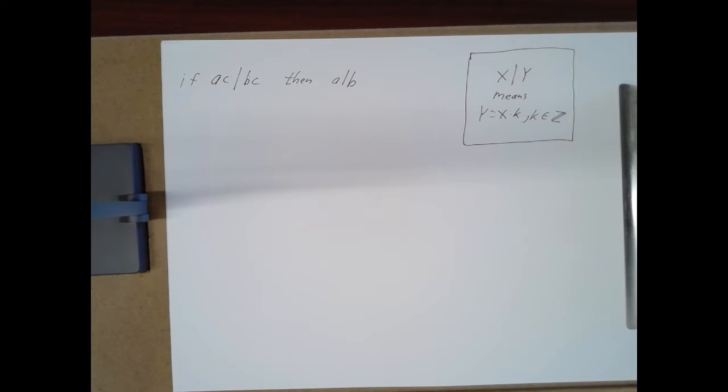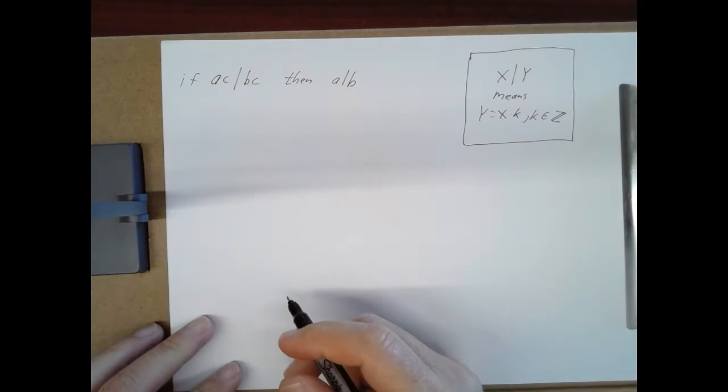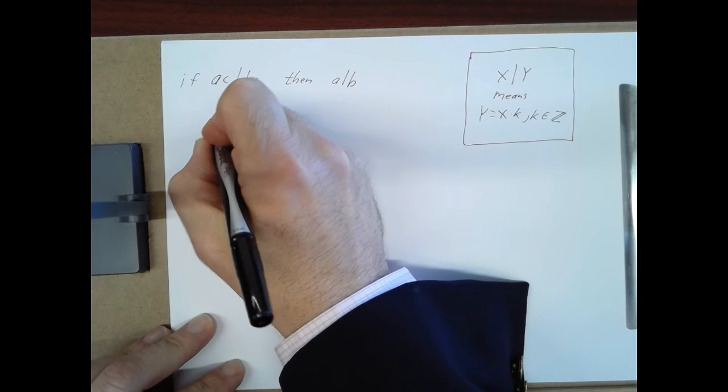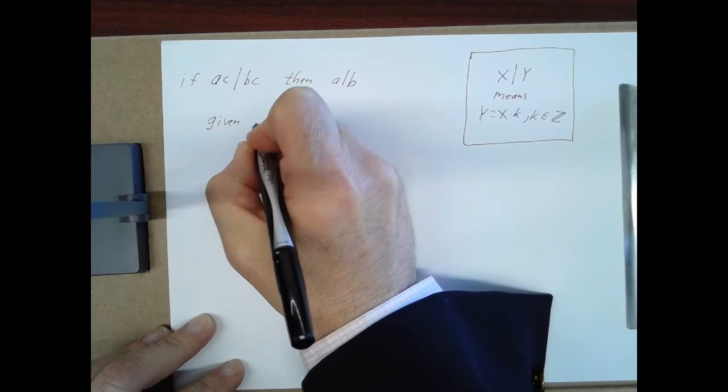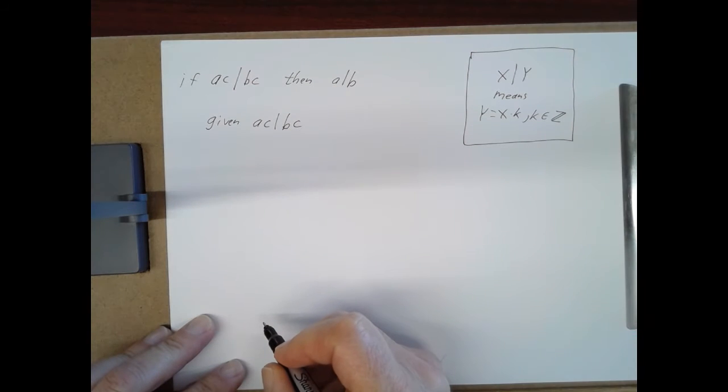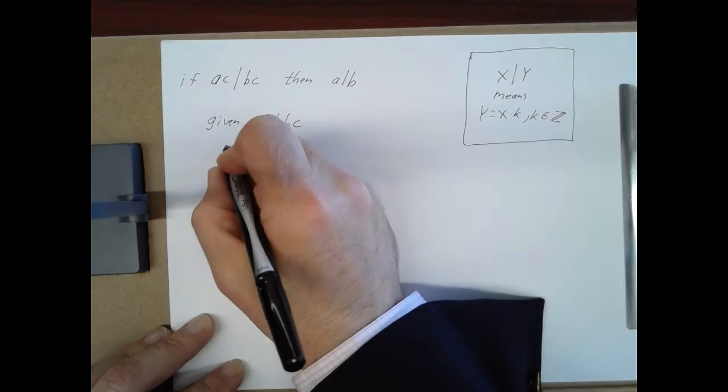So if AC divides BC, what does that mean in terms of this definition? Given AC divides BC, what can we say? Close. Yeah.